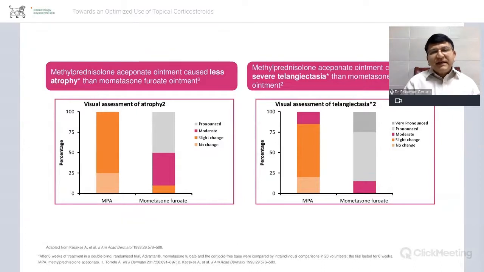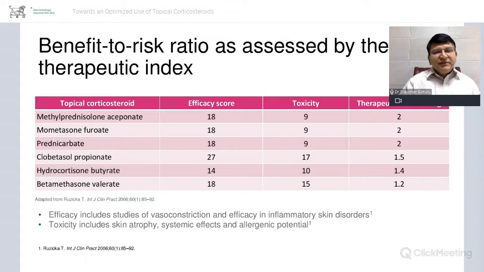In fact, even visual assessment of telangiectasia is much less with methylprednisolone aceponate. So obviously, if you talk about the benefit-risk ratio or the therapeutic index, methylprednisolone aceponate scores much higher than mometasone, prednicarbate, clobetasol propionate, hydrocortisone butyrate, and betamethasone valerate.